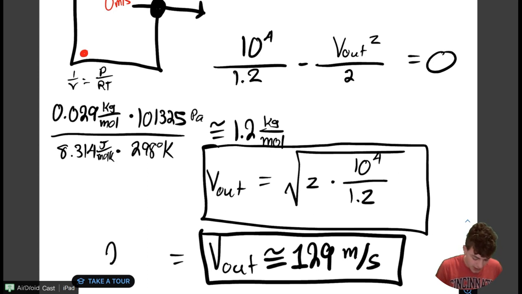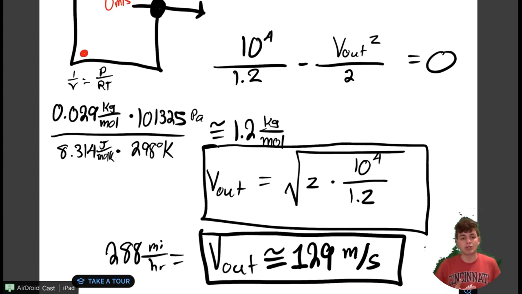I believe that equates to about 288 miles per hour. So we have very fast speeds for a relatively low, actually, difference in pressure. That's less than an atmospheric difference in pressure.